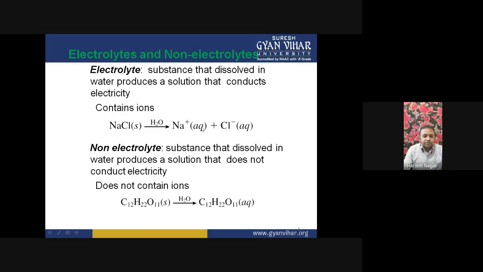By this ionization process, oppositely charged ions are formed, and these ions migrate towards oppositely charged electrodes. When they flow towards the electrodes, they produce electricity, right?